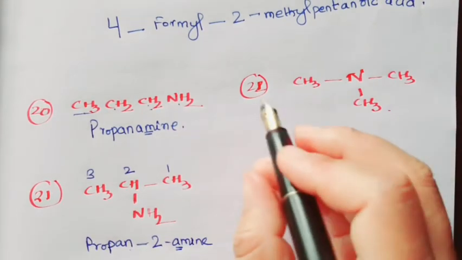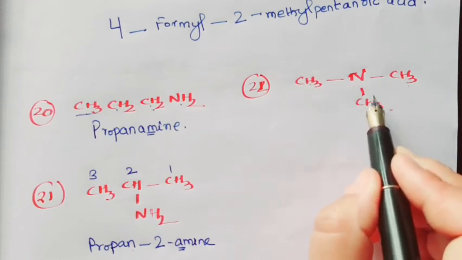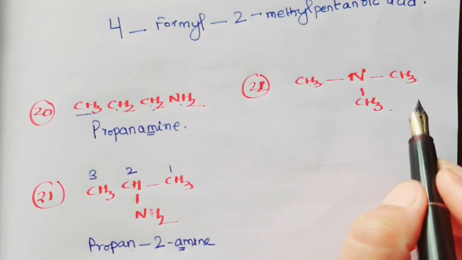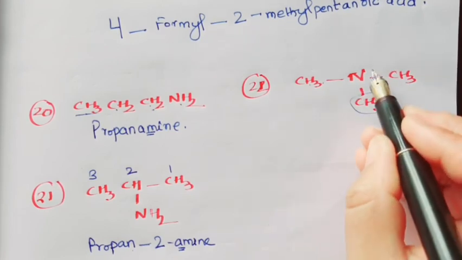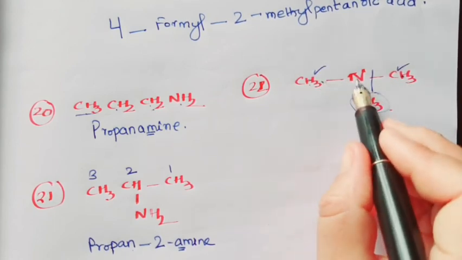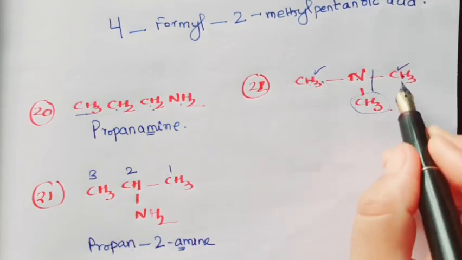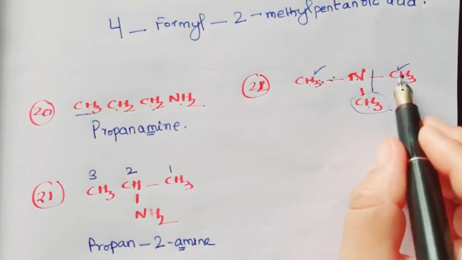Now we'll drop E. Now in this case, there is no continuous chain, right? All are methyl, methyl, methyl. So what we can write this as is methyl and this one. Now see, this CH3 and this CH3, right? So you just say these are the substituents, isn't it? Now where is the position of your substituent?